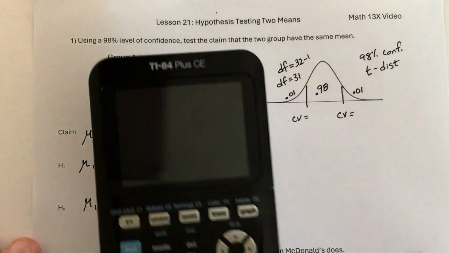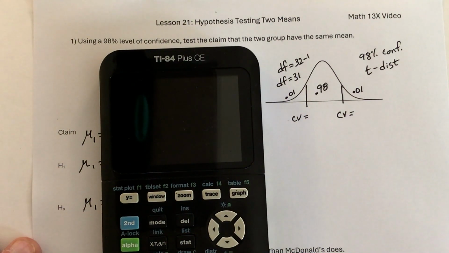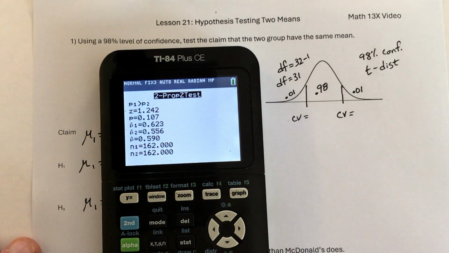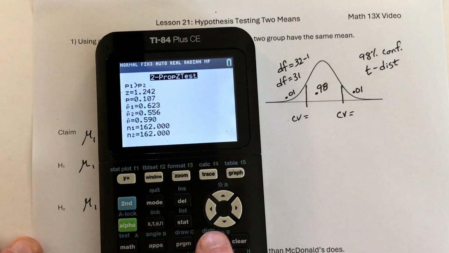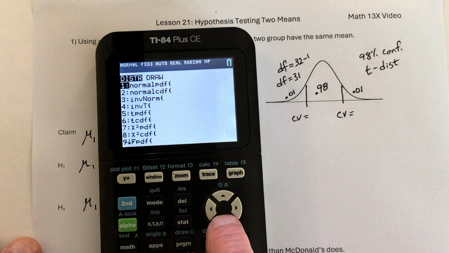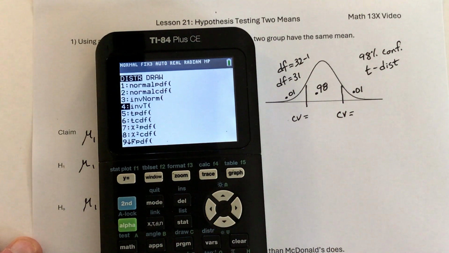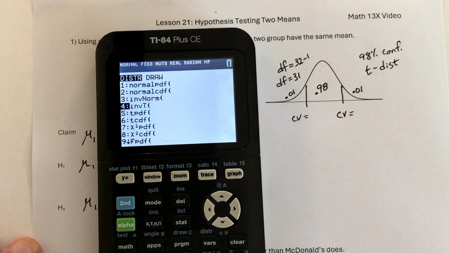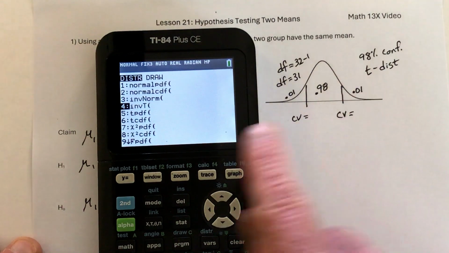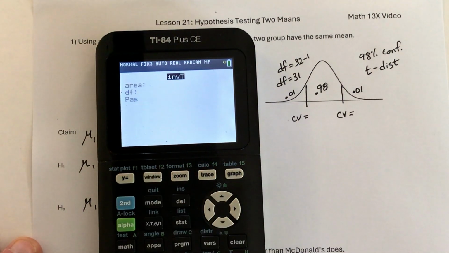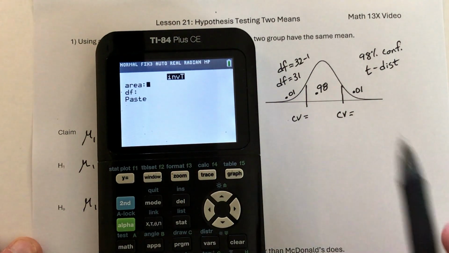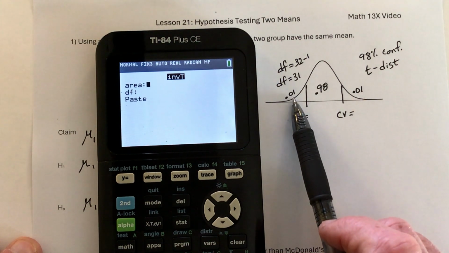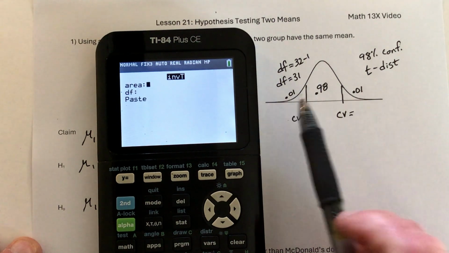And then use the calculator to find the critical value. So use distributions right here, second distribution. And this time, it needs to be number 4, the t distribution. So we're using t. And I will find this one right here. So the area right here on the left tail is 0.01.